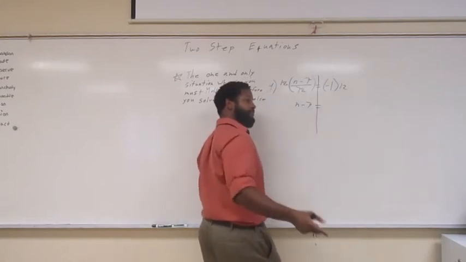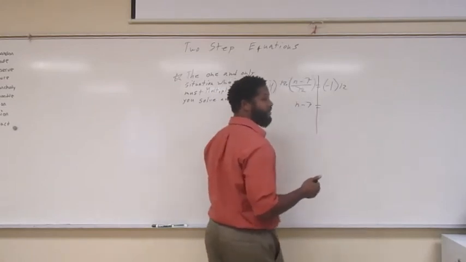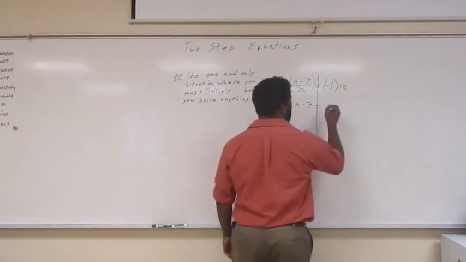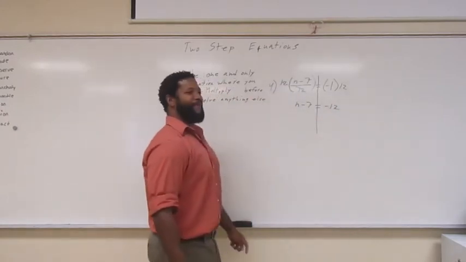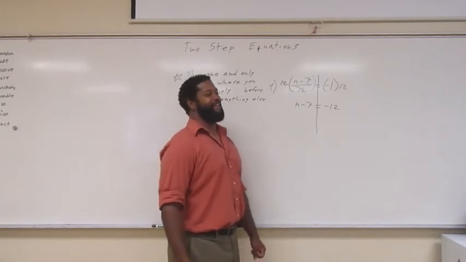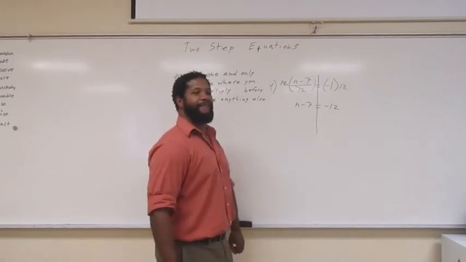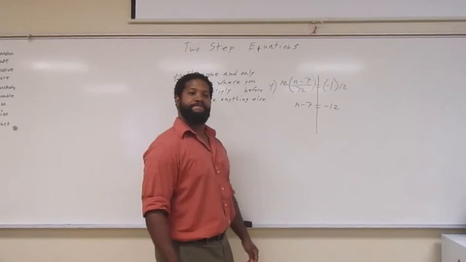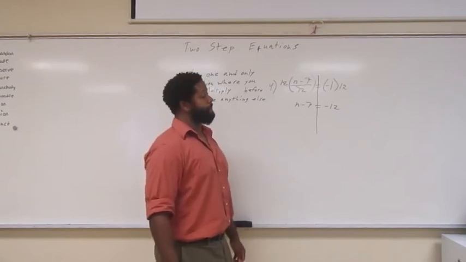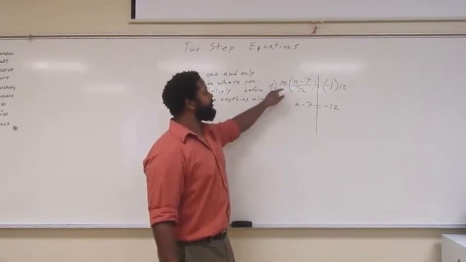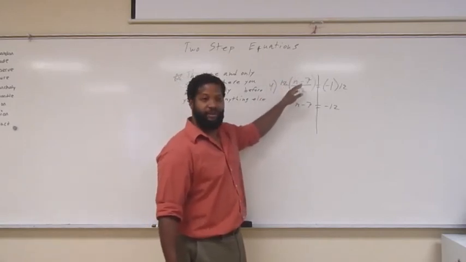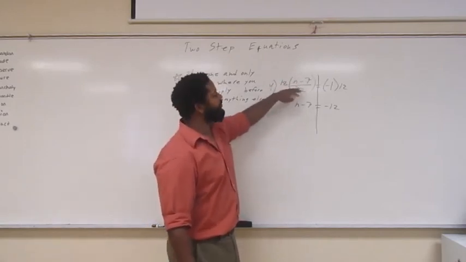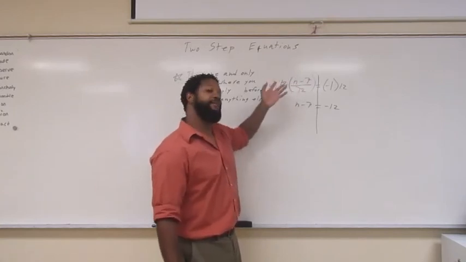Negative 12, right? Why do you multiply it to the 1? We have to get this whole equation right here is a fraction, right? So because it's a fraction, you must get rid of that fraction.